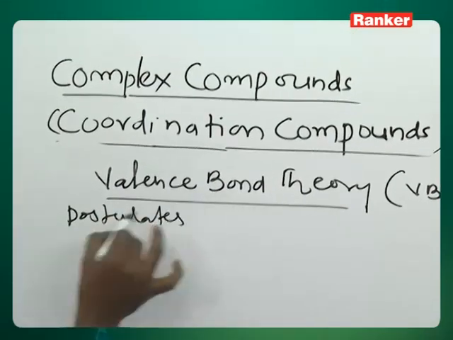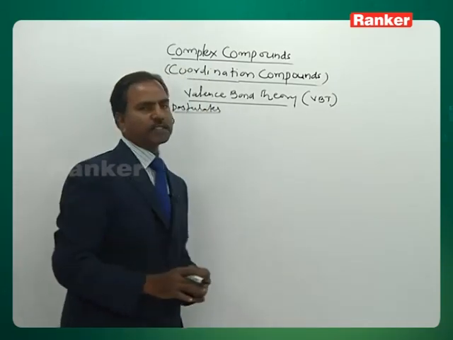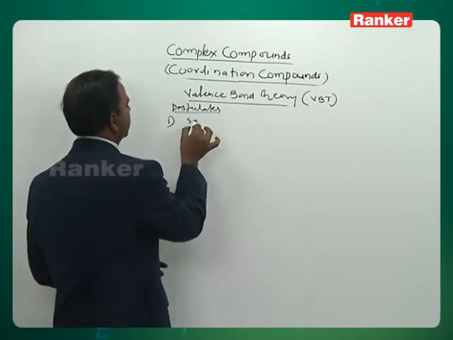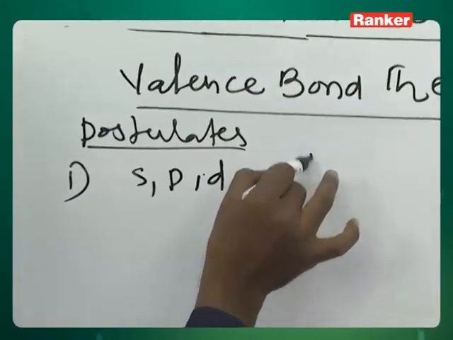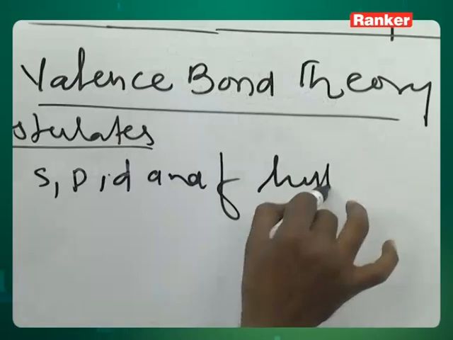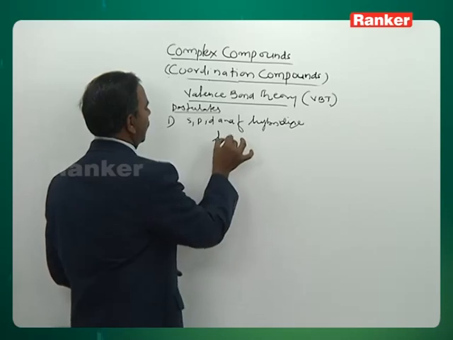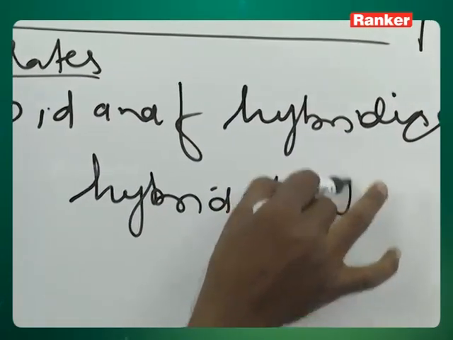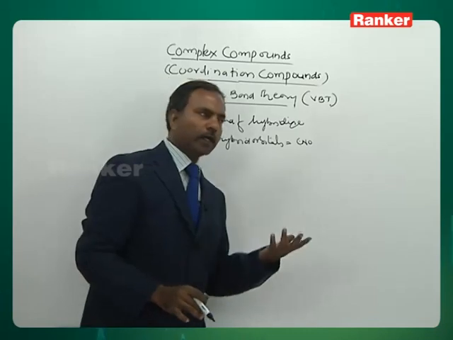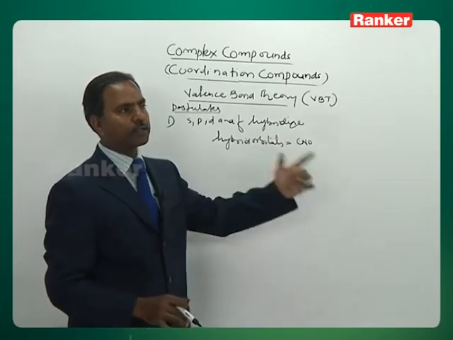Postulates of valence bond theory. In metal complexes, the vacant s, p, d and f orbitals hybridize together and produce hybrid orbitals equal to its coordination number.